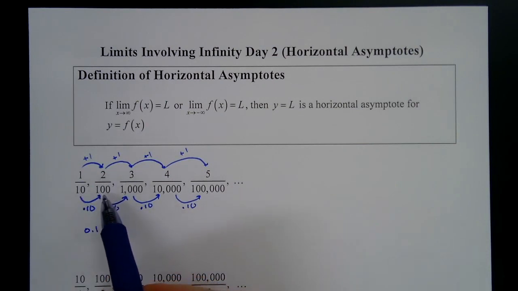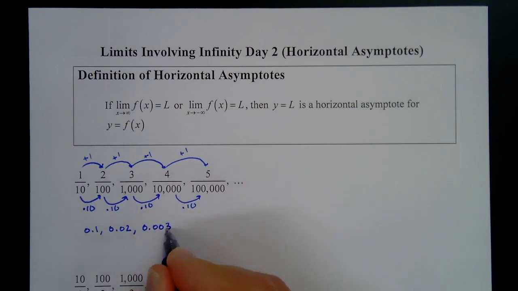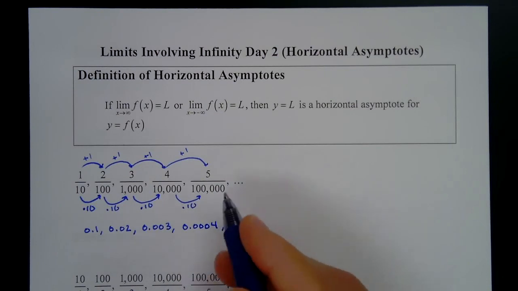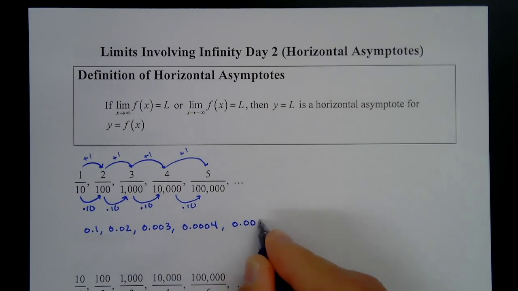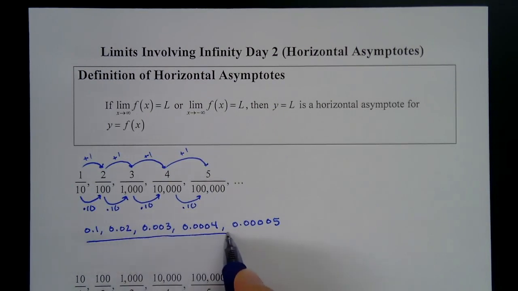The second ratio, 2 over 100, would be 0.02. 3 out of 1,000 would be 0.003. 4 10,000ths would be 0.0004. 5 out of 100,000 would be 0.00005. And so if you look, these are getting closer as you look across. These are getting closer and closer to 0.